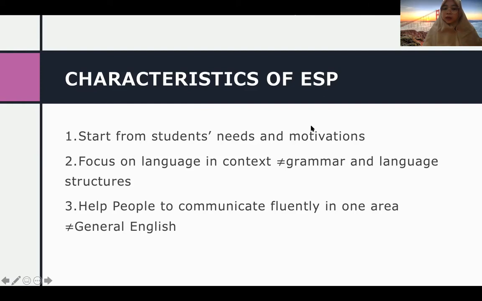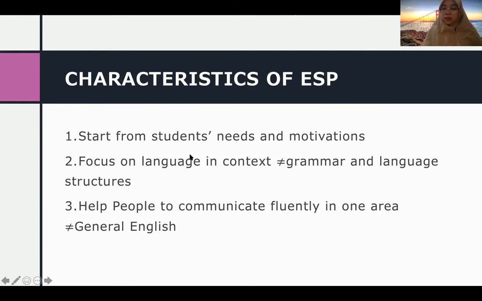After knowing the needs and the motivation, ESP should focus on language in context. If the context is science, for example, we cannot go further to teach about love. It is not good, of course.